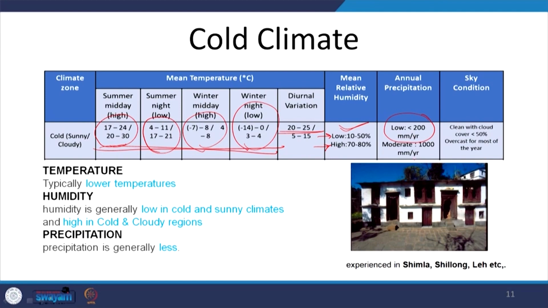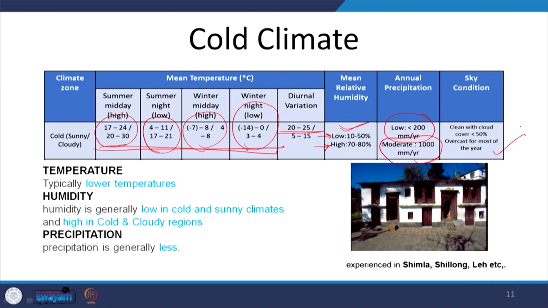In cold humid, the annual precipitation is moderate, around 1000 mm per year. The sky conditions are usually clear for dry, while for cold humid it is usually overcast.